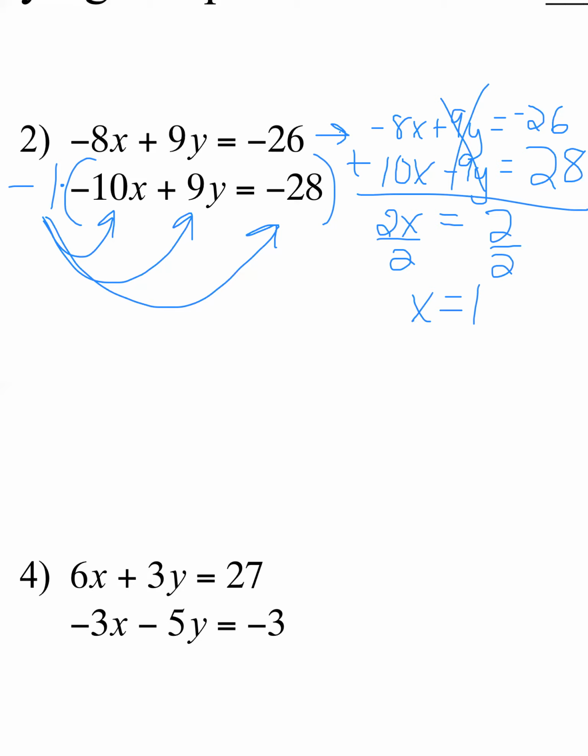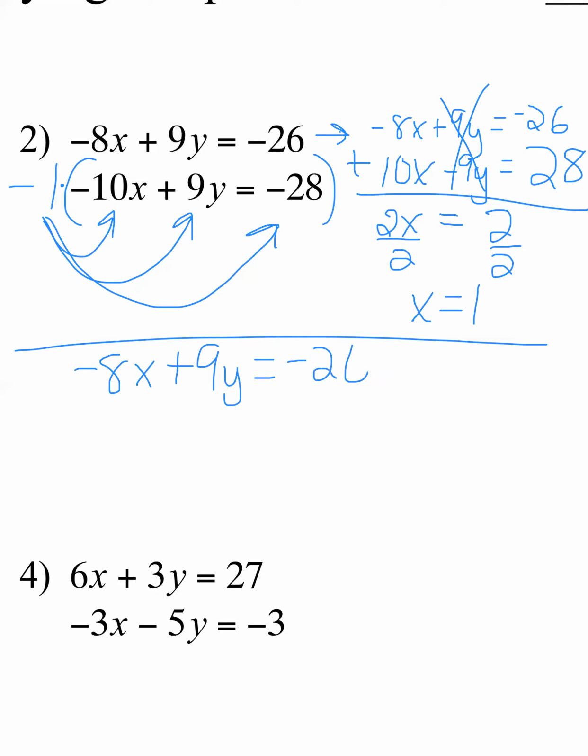I got 1. Okay, so take one of your original equations, doesn't matter which one. I'll take the top one just for funsies. And now I can go ahead and replace x with 1 because I know what it is. So that's just going to be a negative 8.